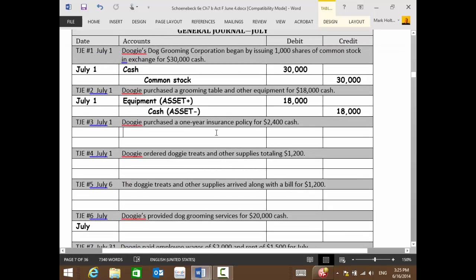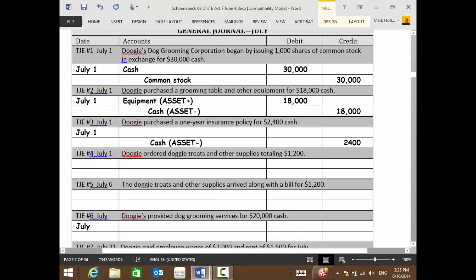So here's another one. Doogie purchased a one-year insurance policy for $2,400 cash. What happened to cash? Cash went up or down? Down. So therefore I'm going to credit cash. That's an asset going down. Normally you don't write asset going down, but I'm doing it for you.